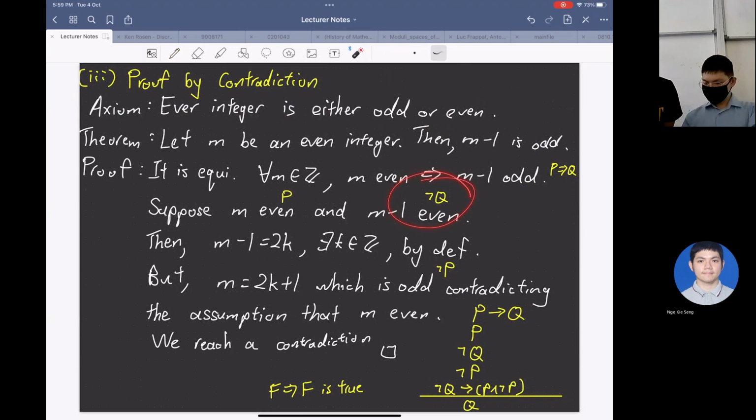We can't get Q, but we can get P and not P. Why can not Q get P?